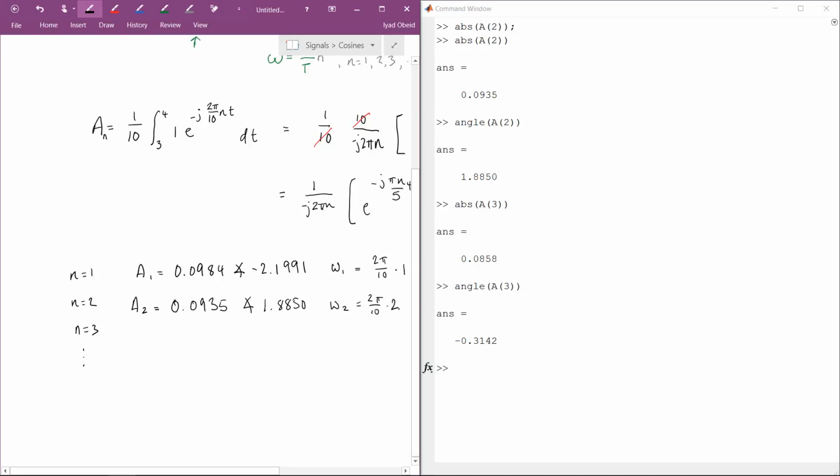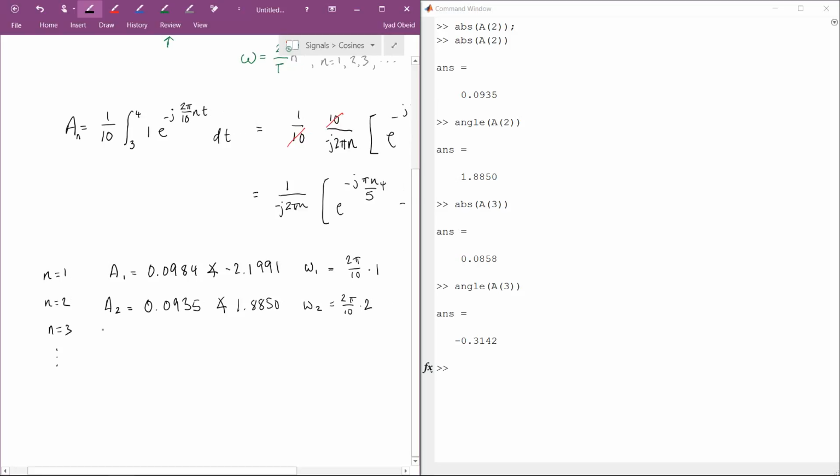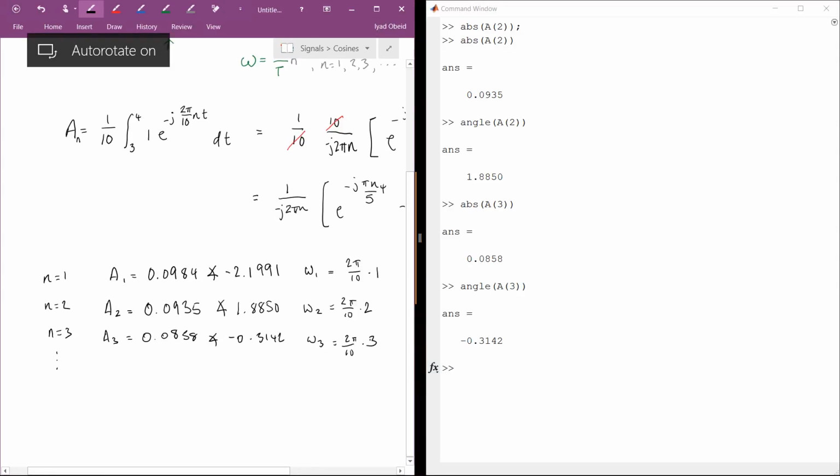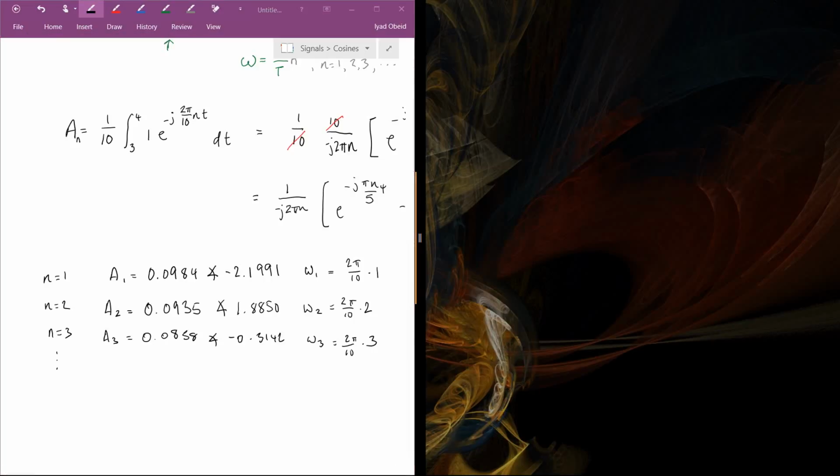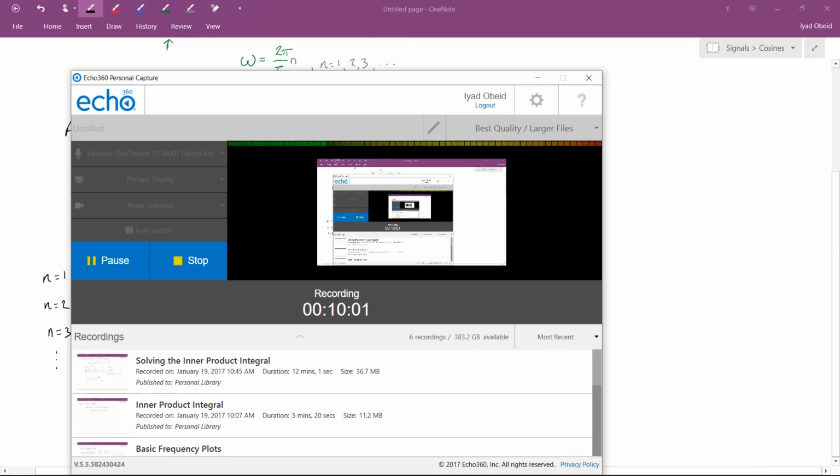And A3 is going to be 0.0858, angle minus 0.3142, at a frequency of 2 pi over 10 times 3. Okay, so let's go ahead and put all that together.